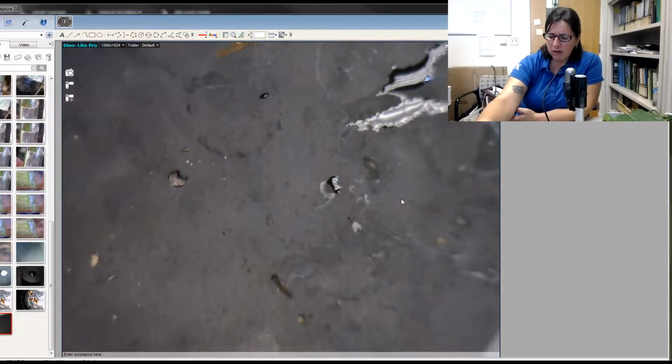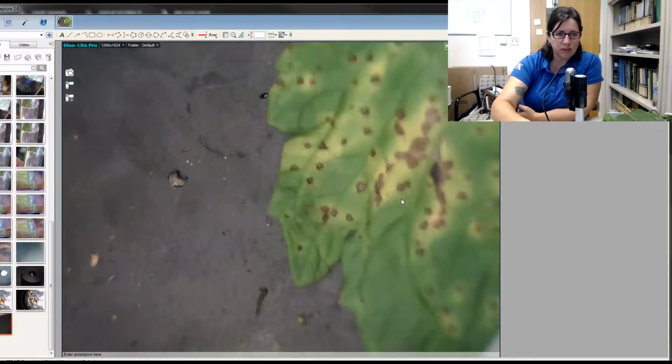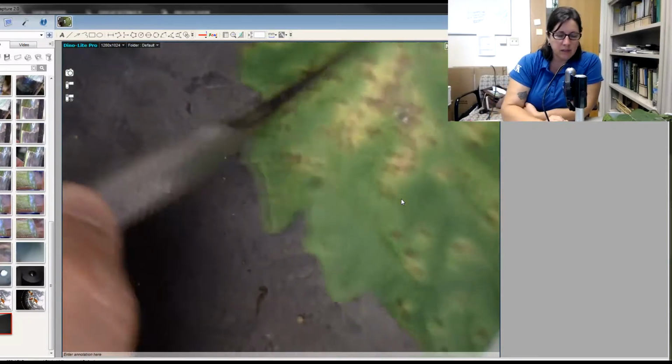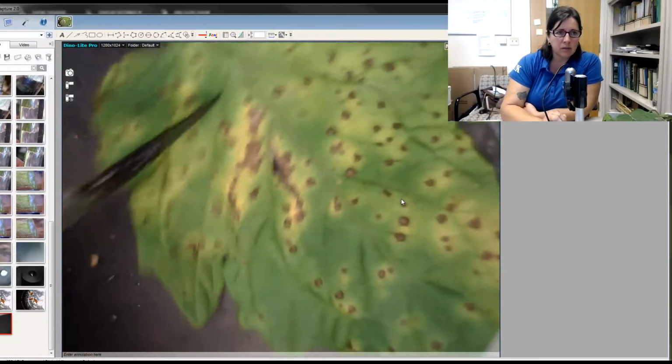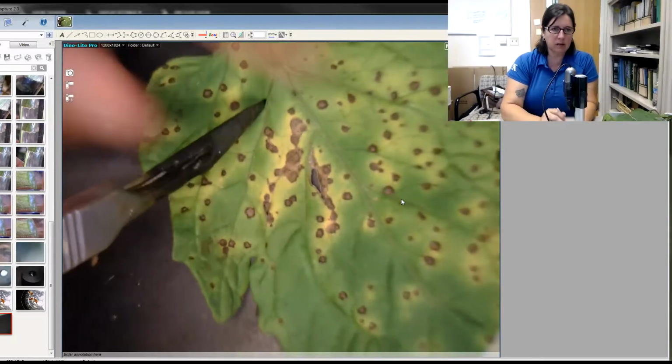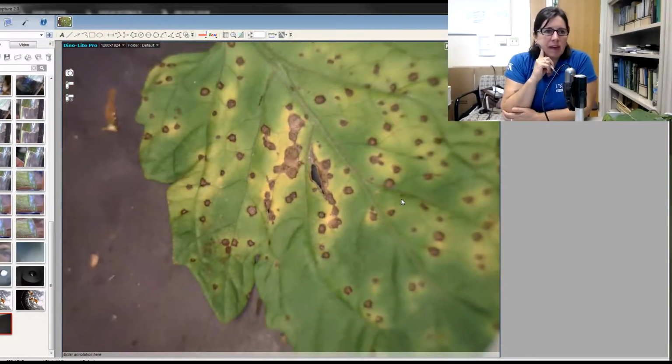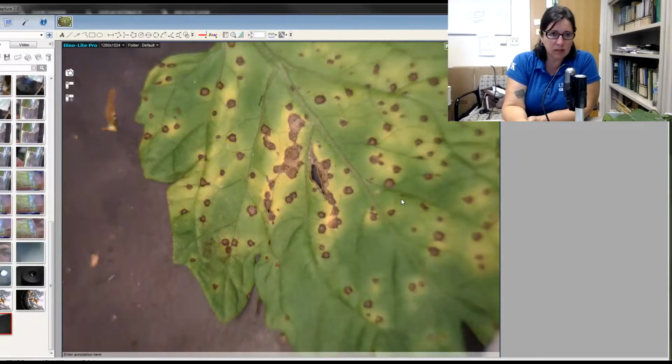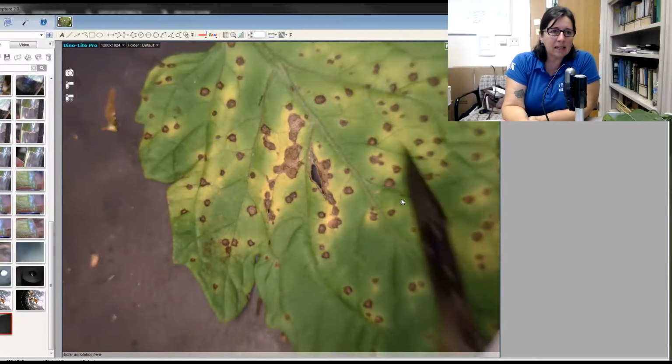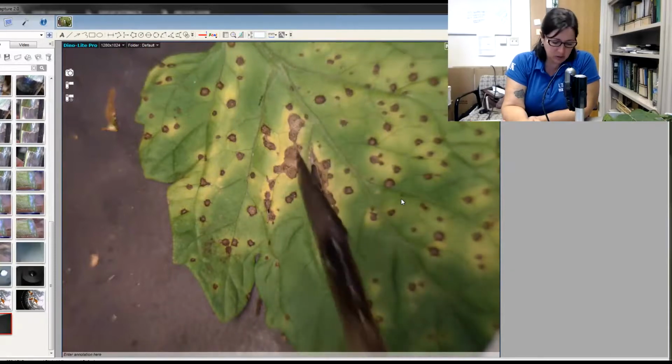Okay, before we switch out, I want to show you one more thing. I want to show you these yellow halos I did when we first got started today. Here's some yellow halos, but this is something that is not bacterial. I would suspect, first of all, yes, this absolutely looks bacterial. This is Septoria leaf spot, but I see yellow halos, and I see spots on some of the leaves.